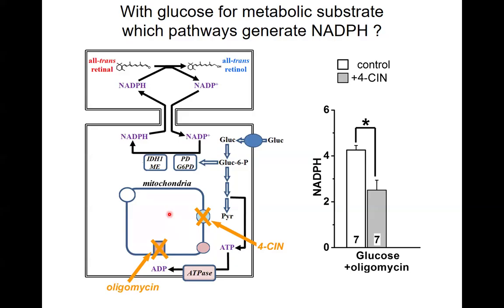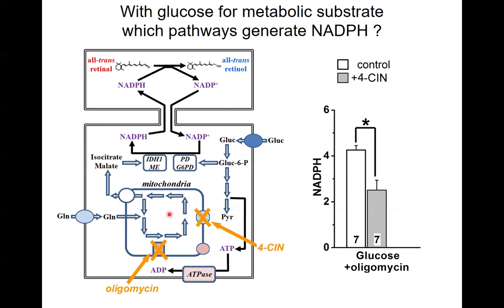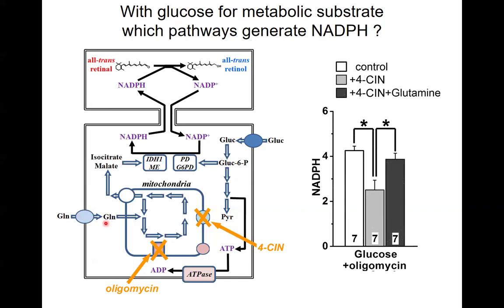But if that's the case, if we add glutamine, we should be able to get it back. And this is actually what happens. It bypasses this, and it's at 0.1 millimolar, so that does not inhibit glutamine transport into the cell. And then we get back the NADPH synthesis.